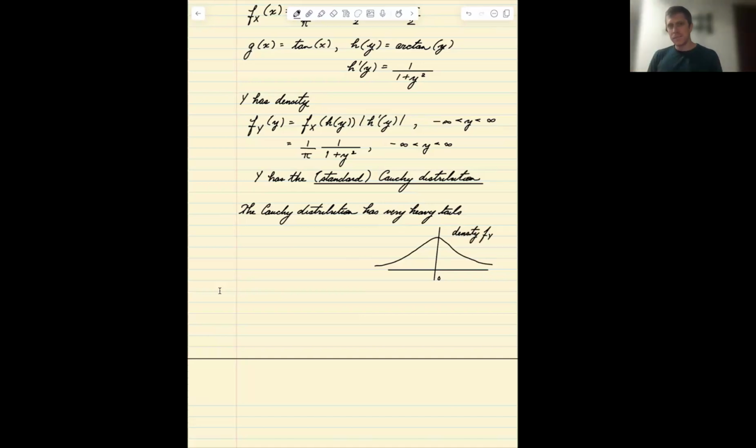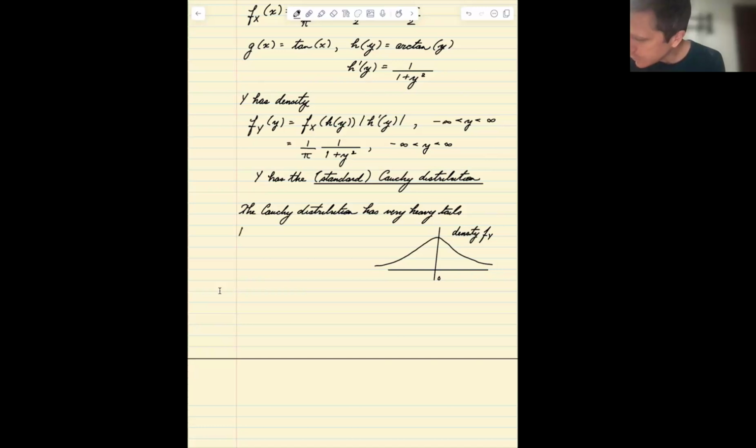It looks kind of like a bell shape, but not all bell shapes are created equal. Remember the bell shape of the standard normal had 99.8% of the mass between -3 and 3. That's not true for a Cauchy. We know that the way this was generated, if we're pointing out at an angle very close to pi over 2, we're going to be way out on the wall. We're not going to be between -3 and 3. And it's not that unlikely that we have an angle like that, right?